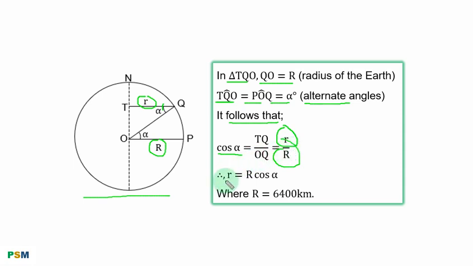You have the radius of a parallel of latitude equal to the radius of the earth times the cosine of the angle of latitude, where the radius of the earth is equal to 6,400 kilometers. It is a constant value.